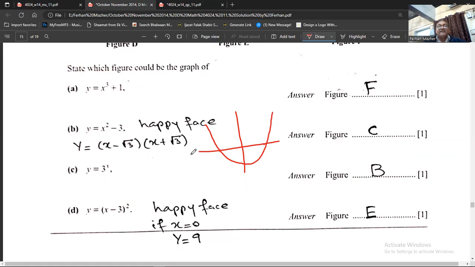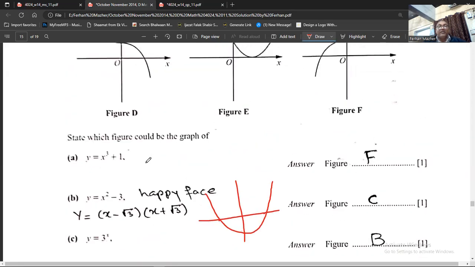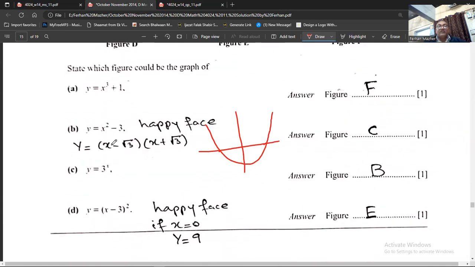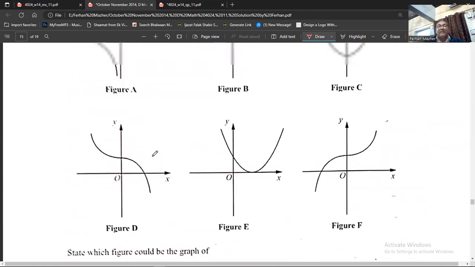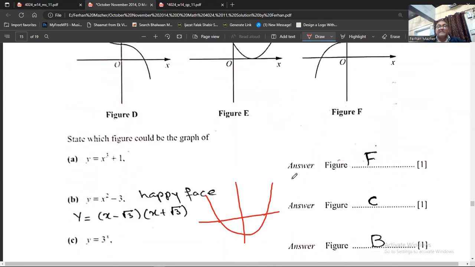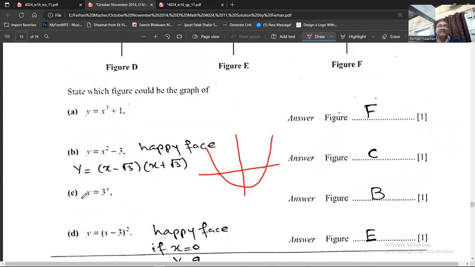This will be minus root 3 and this will be plus root 3. When you put x equals 0, y will be minus 3. I think C is the right answer, sir.